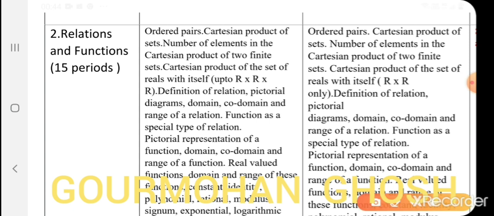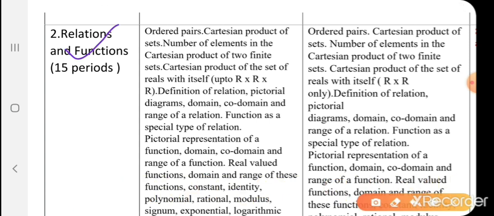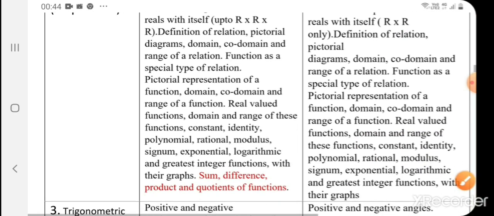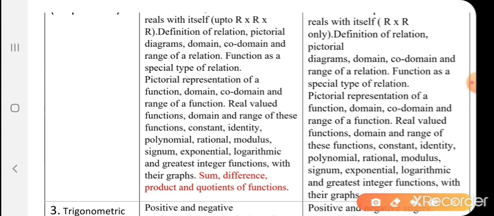In chapter 2, relations and functions, we have to read all except the sum, difference, product and quotient of functions. Everything else we have to read here.